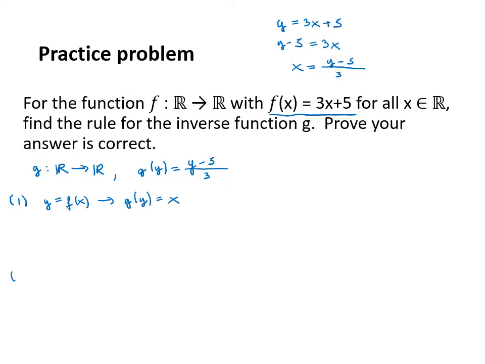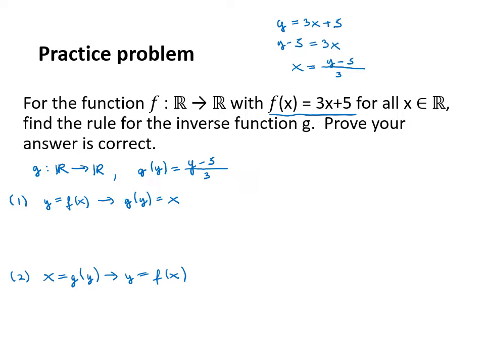And direction number 2 is the opposite of this: if x is equal to g of y, then y is equal to f of x. So let's do the first one.